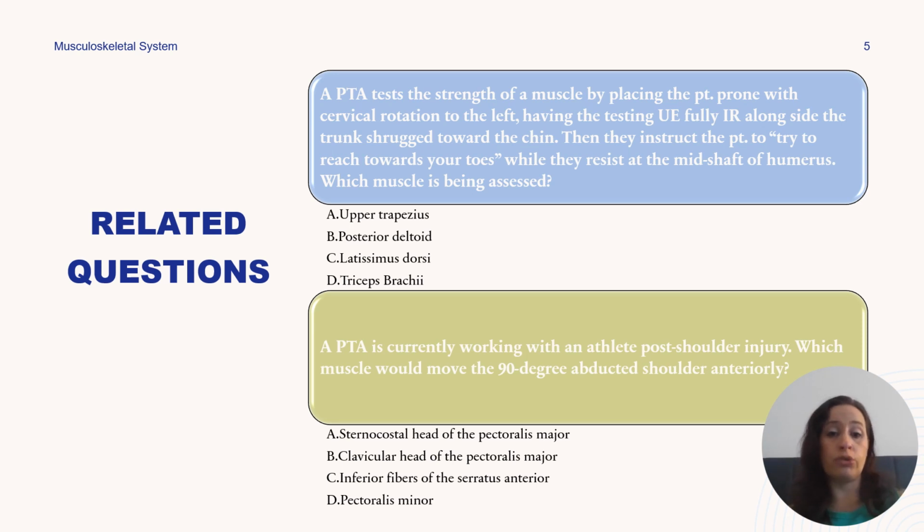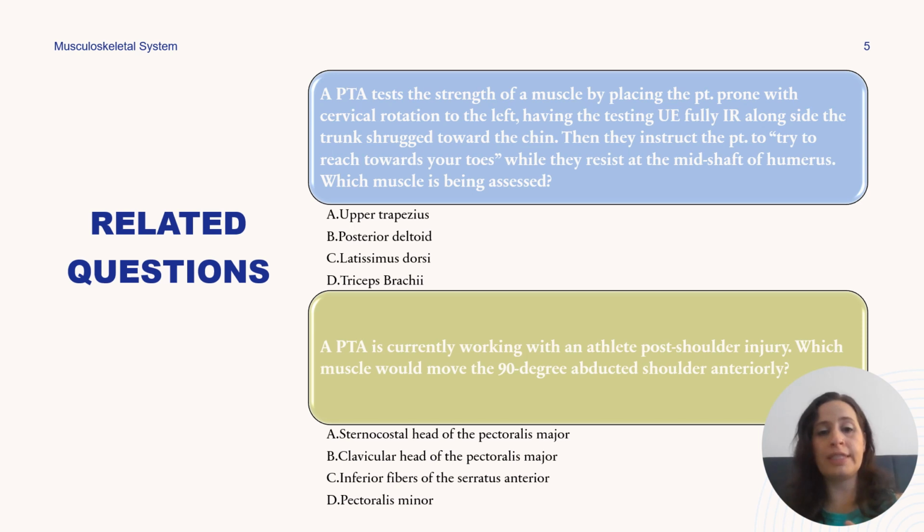Upper traps has a shoulder shrug component, but the other stuff, you have to internally rotate and then you're resisting this downward motion. That sounds like too much for the upper traps, right? Because the upper traps is a scapular muscle.